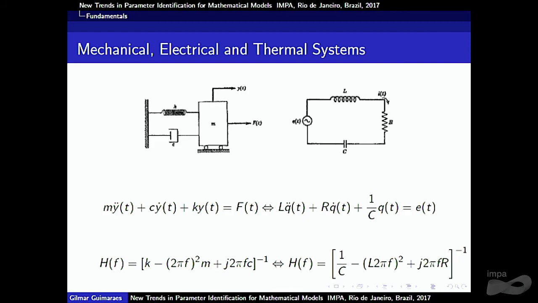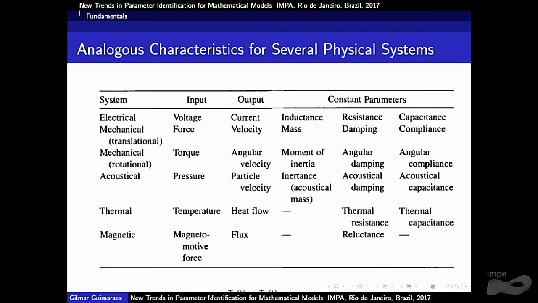Or in an electrical system, you can put a voltage as an input, or even you can put the current and have the output of the voltage. So we can work with this expression in order to obtain the response of the system.